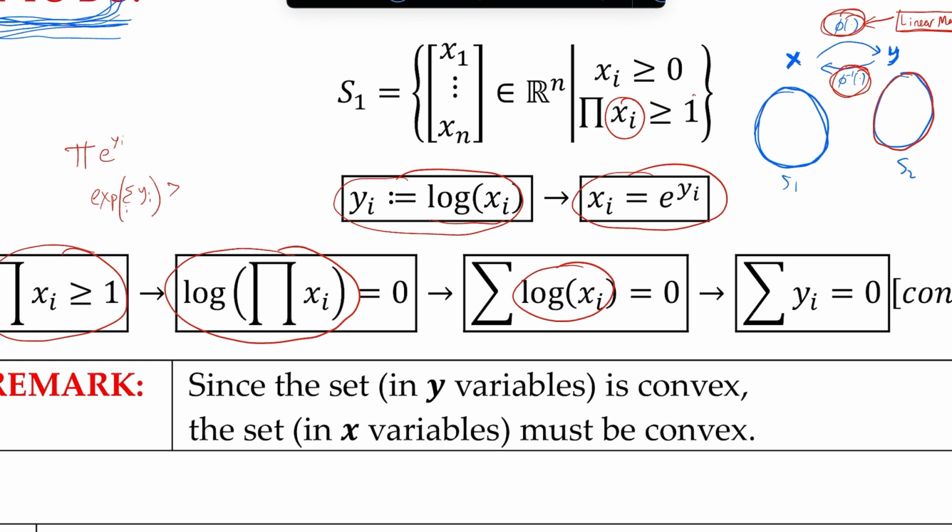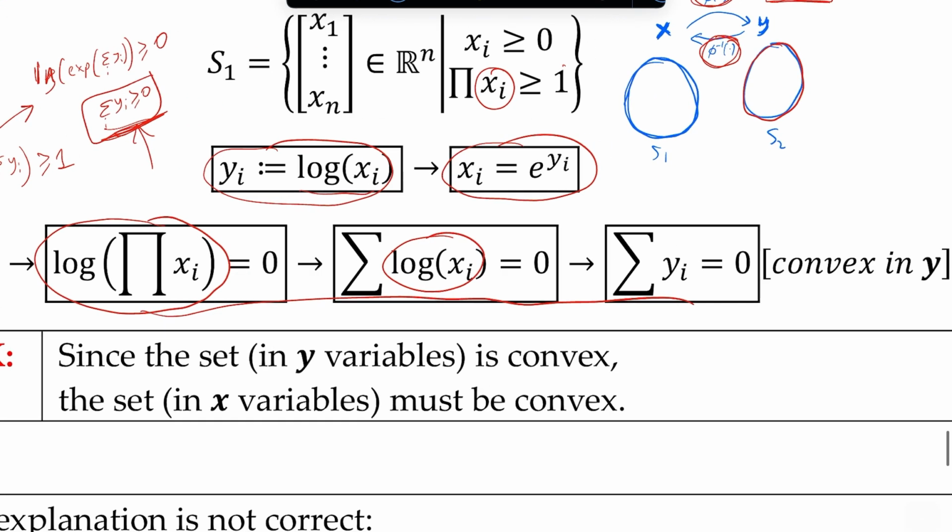Wait a second, I'm taking b1, right? And then I'm taking the log, natural log of x. Log 1 is 0. Yeah, we can write it that way. That will be easy to explain that way, but I wouldn't say that this is wrong.